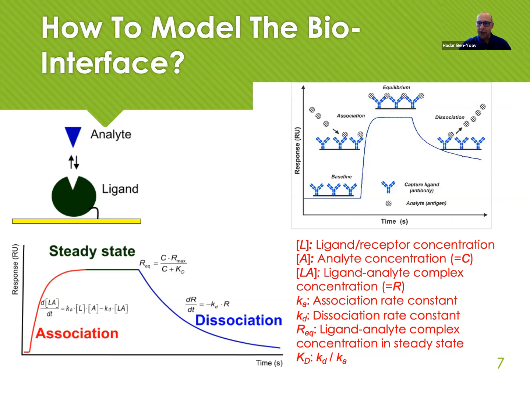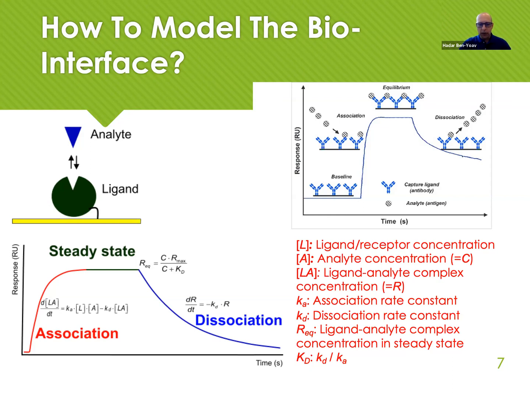So the rate of change is negative because it dissociates. It decreases. Kd is the dissociation rate constant times the concentration of the complex itself. Okay, so far these are straightforward reaction rate equations.